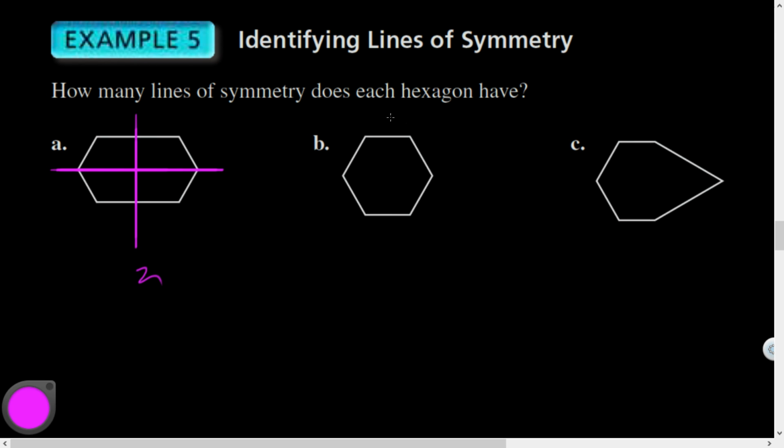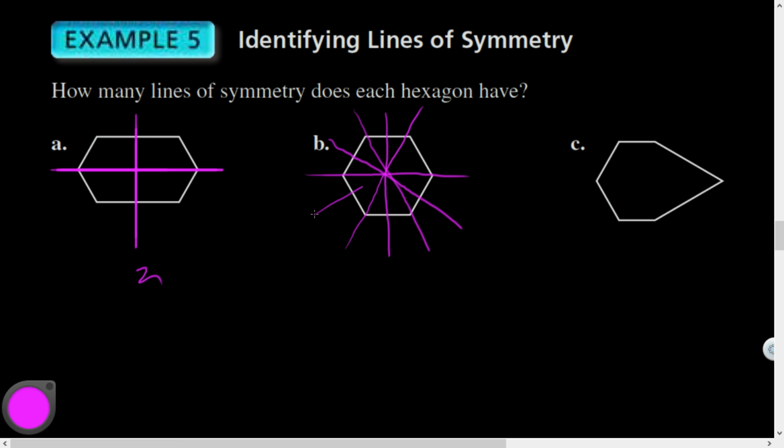All right. How about for B here? I could do the classic up-down. I could do the horizontal Fruit Ninja swipe. It looks like I could go from vertex to vertex. But then I think I could also hit midpoint to midpoint.